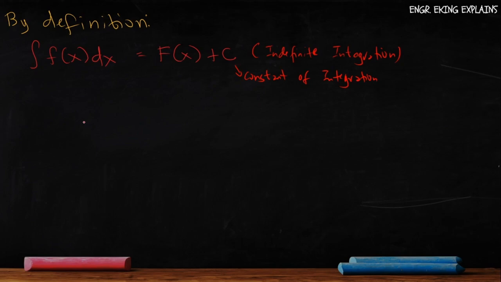So suppose we take the derivative of F of x. This will be equal to f of x dx, right? So the derivative of this function is equal to the function times its derivative.